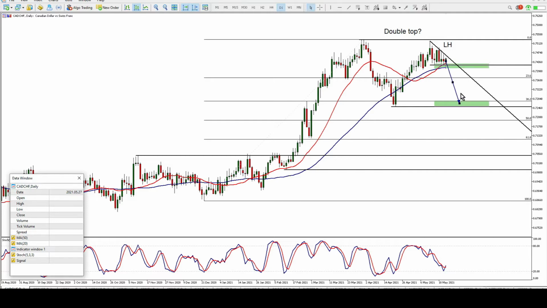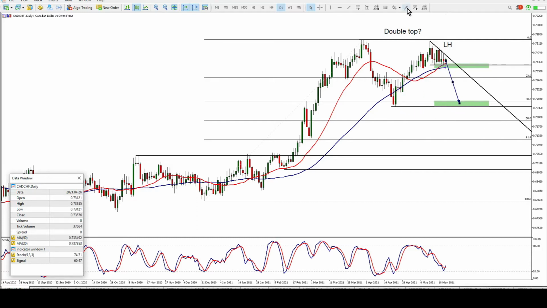Now, if that happens, then we definitely have a double top here. And this actually increases the probability of this support giving in also. Maybe we have a rally after that, but you never know. You just have to follow what the price does.